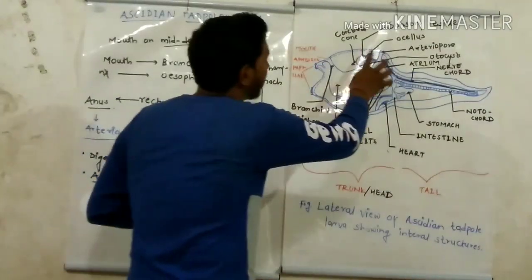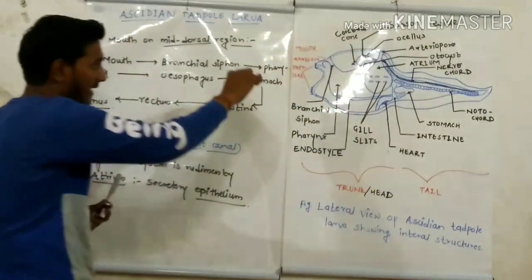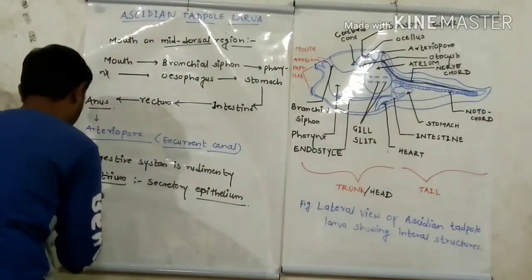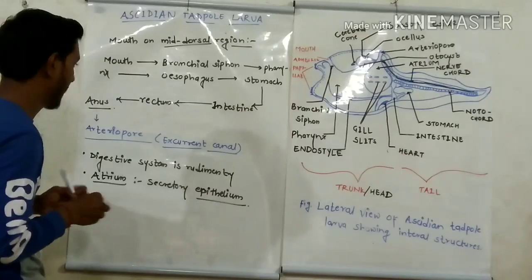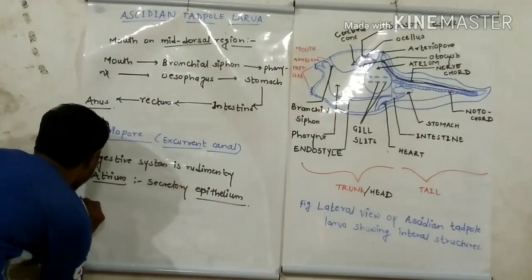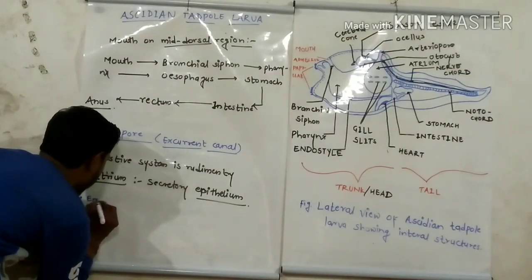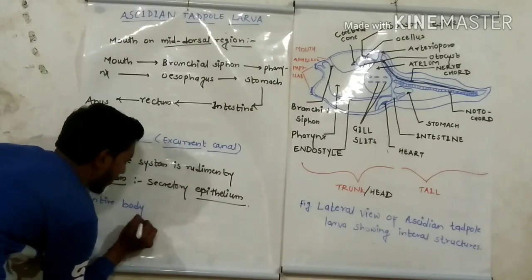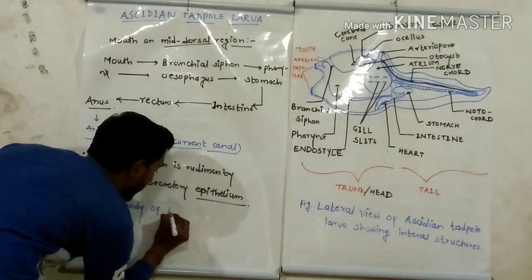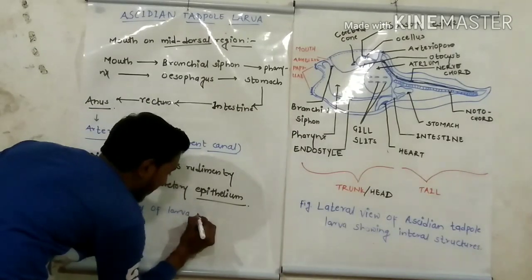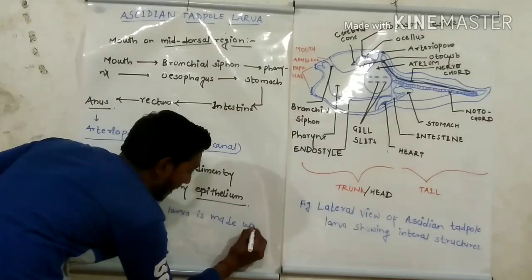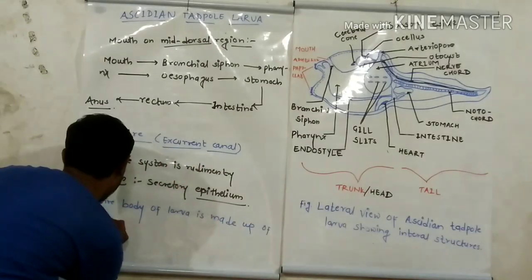Now this entire covering present on this larva is made up of tunic or the test. The entire body is covered by tunic or the test.